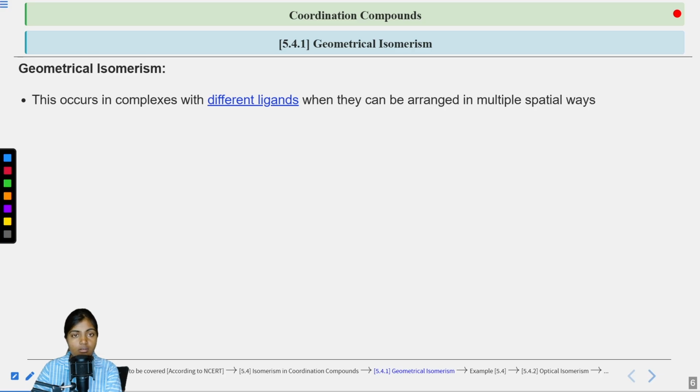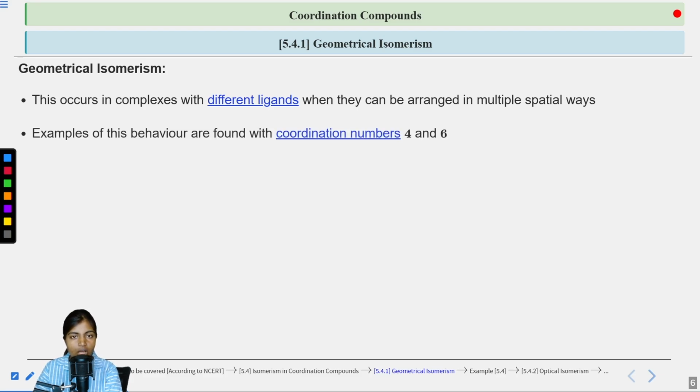So geometrical isomerism arises in complexes having different ligands, that is heteroleptic complexes, not homoleptic, where the ligands are different. Where they can be arranged in multiple spatial ways, this geometrical isomerism arises in those complexes.